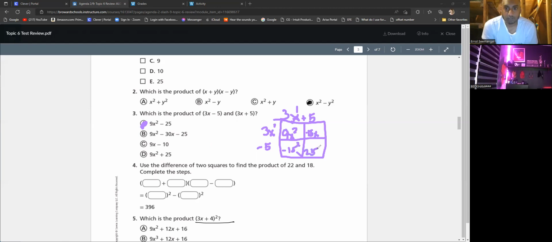Negative 15 squared. Is that right? Check these two. Check the 2 on the bottom. Is it this one? Check this one.